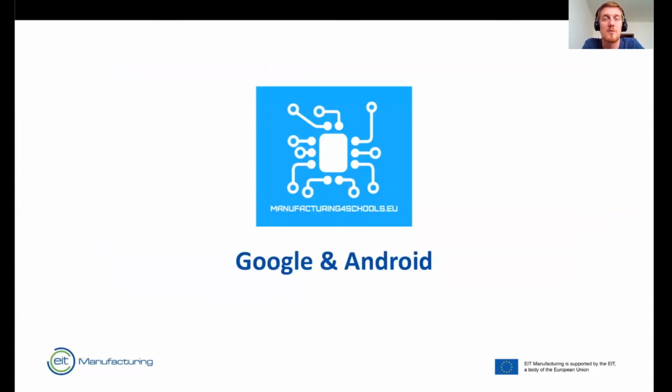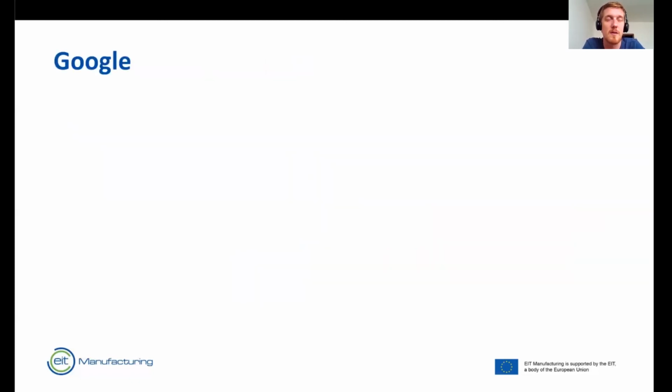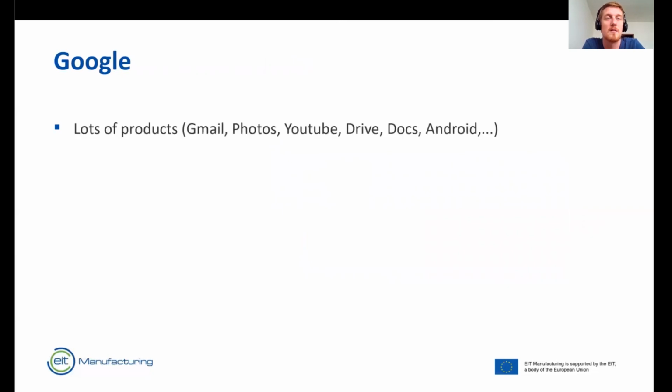Now we are going to talk in short about Google and Android. Everybody, I think, knows Google. They have some well-known products like Gmail, Photos, YouTube, Drive, Documents, Android, and so on. Basically, these products are free.